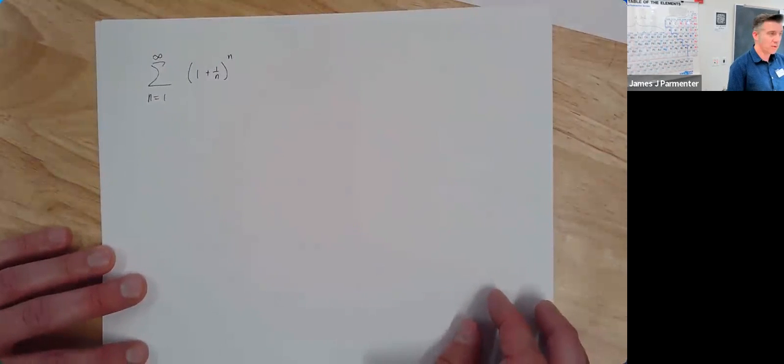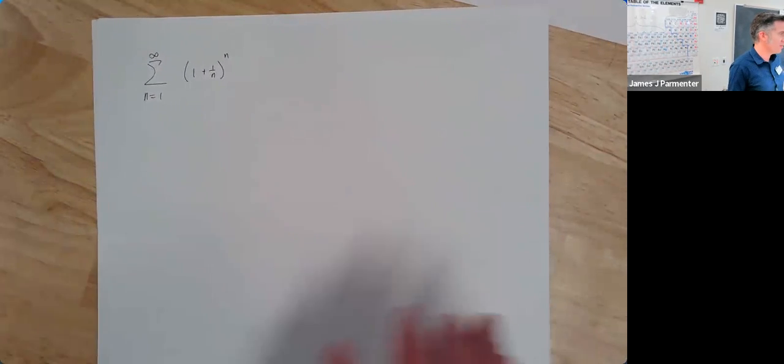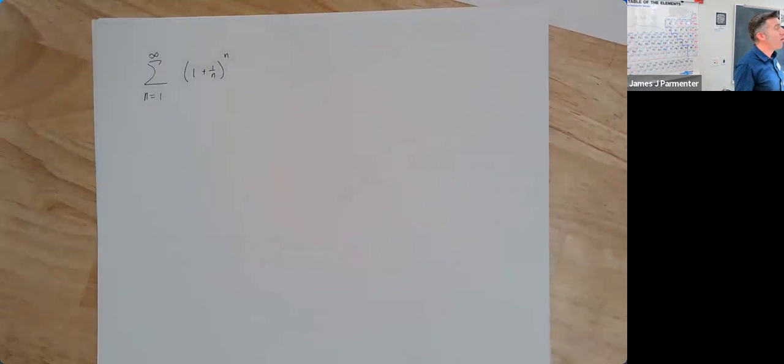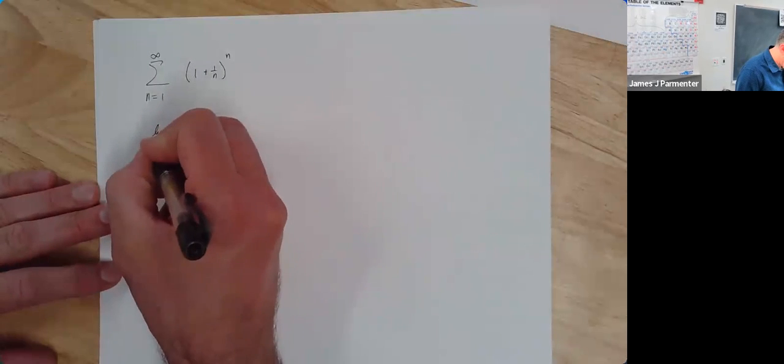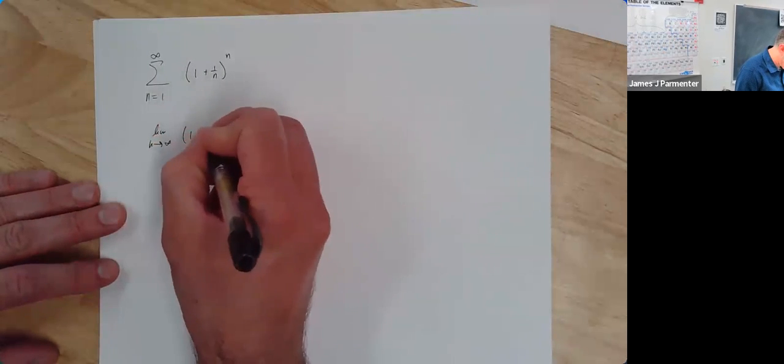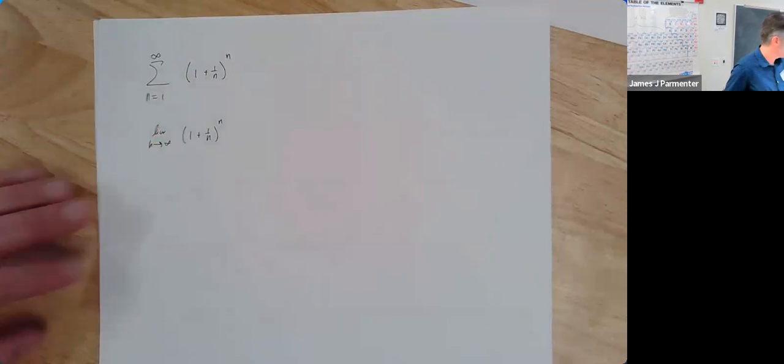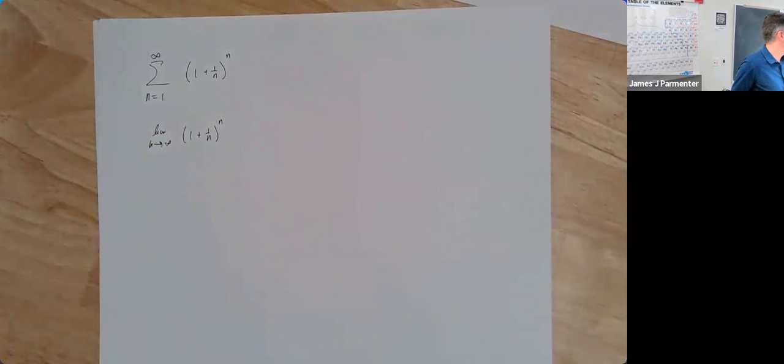When you don't know what to do, and we don't really know what to do because you don't have any tests yet, throw the nth term test at it. I would always recommend, at least in your mind, trying to take the limit as n goes to infinity of your sequence. What's that limit equal to? You know it's not equal to 0.